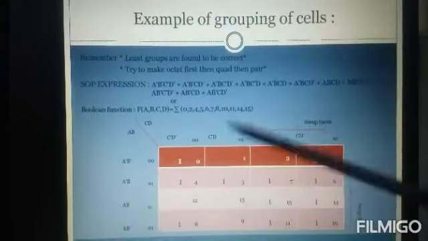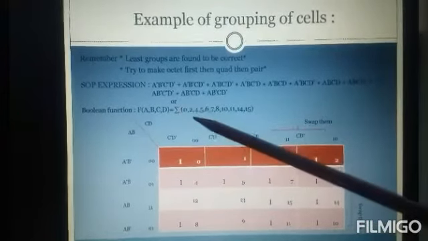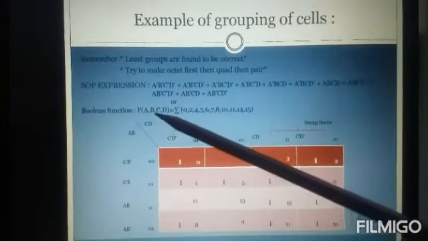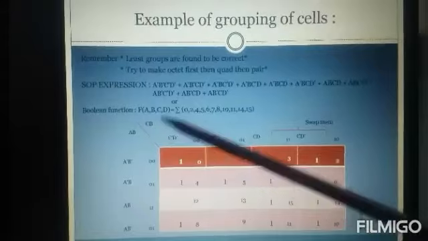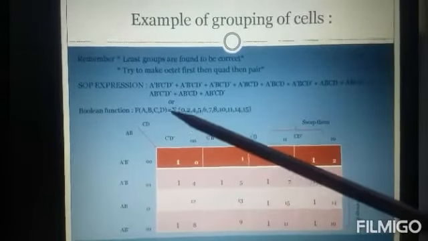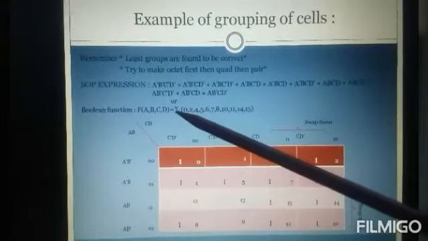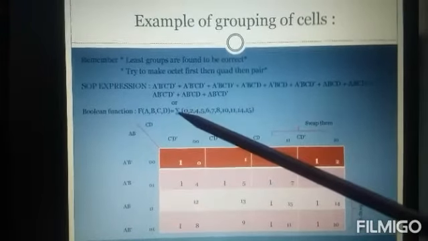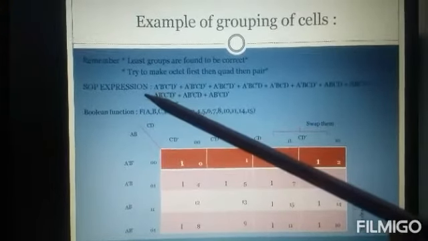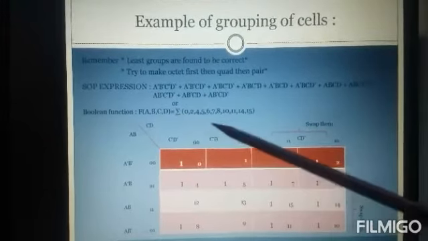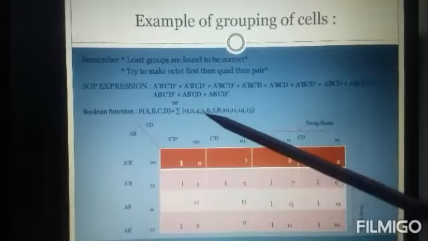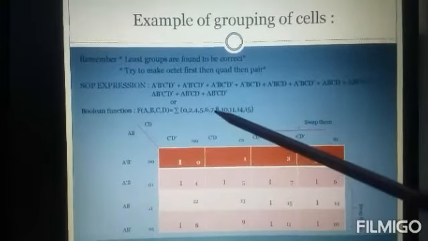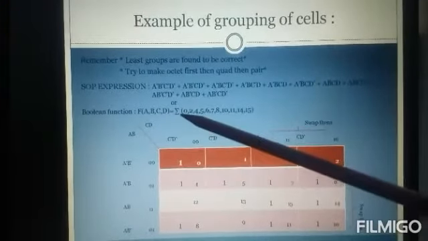See, if somebody provides us a Boolean function, means a function which contains capital A, B, C, D as 4 variables, and somebody provided us a question that we are having Boolean function, summation shows us it is a SOP expression. And these positions we have where we have to put 1 because it is summation.